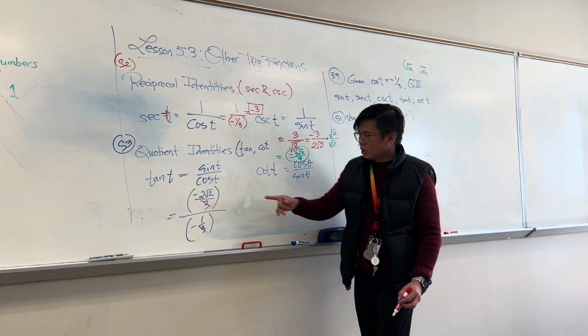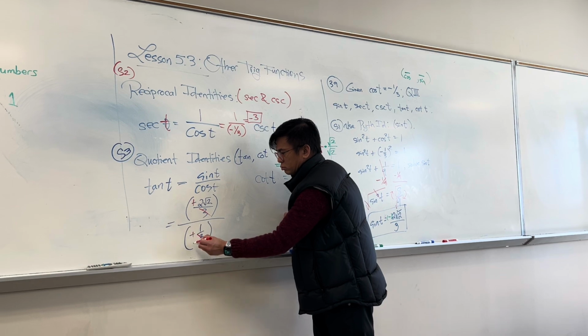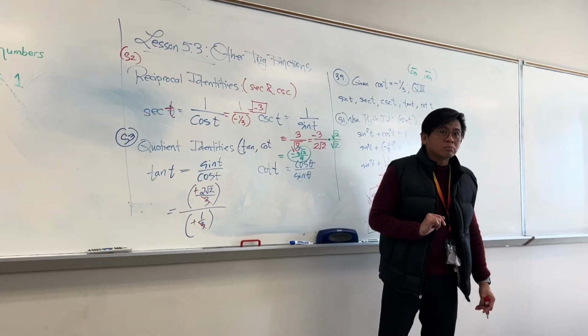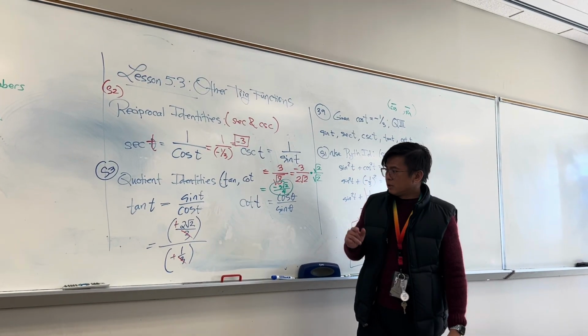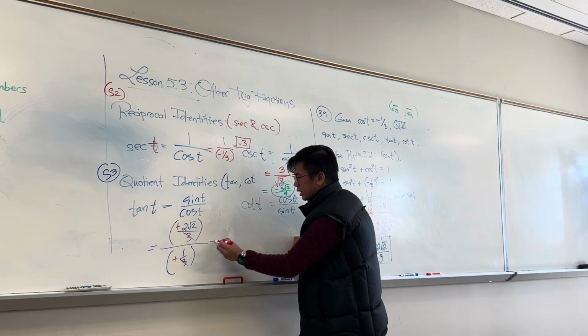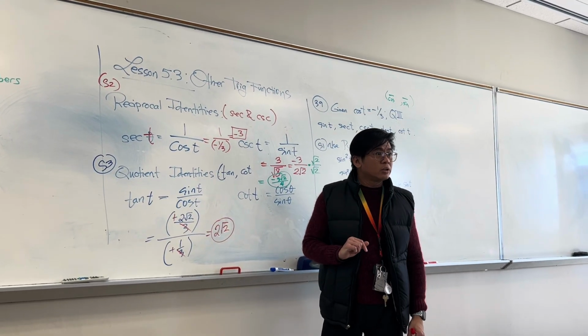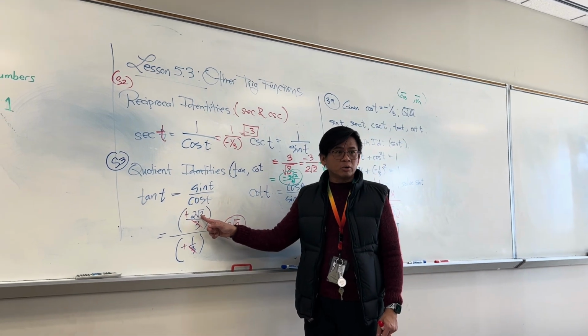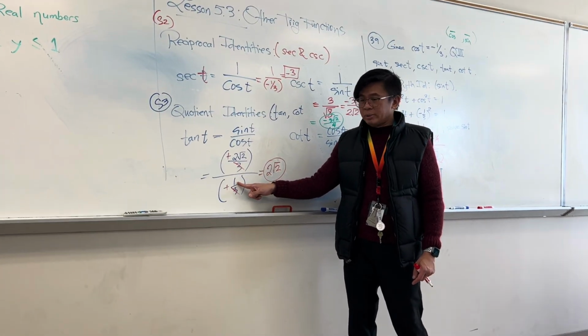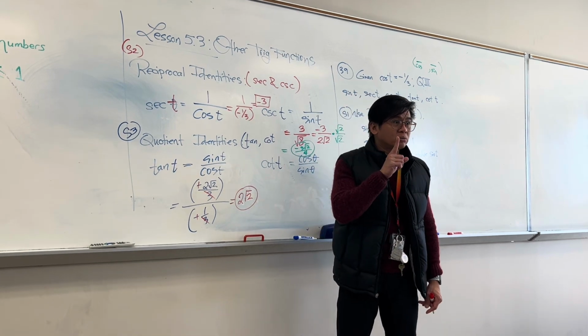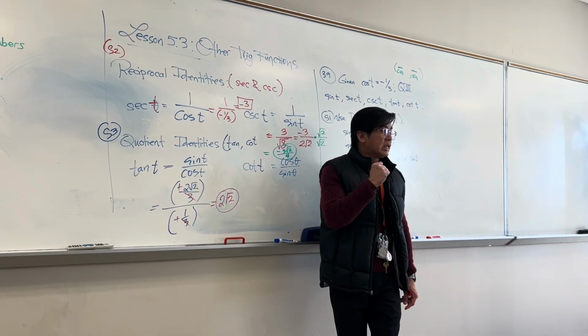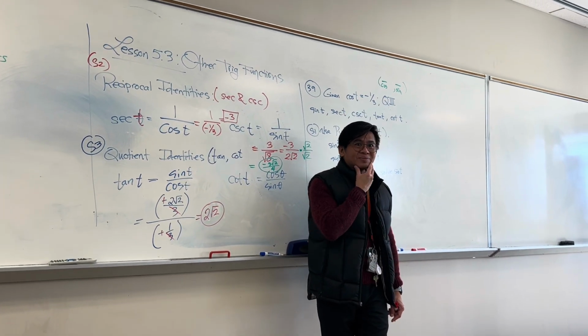So cancel them. What about the negatives? Yeah, negative over negative is positive. So in short, what's your answer basically? Just 2 square root of 2, right? Good. The numerator turned out to be 2 square root of 2. The denominator turned out to be just 1. Well, a number divided by 1 is just itself, by the way. Are we good?